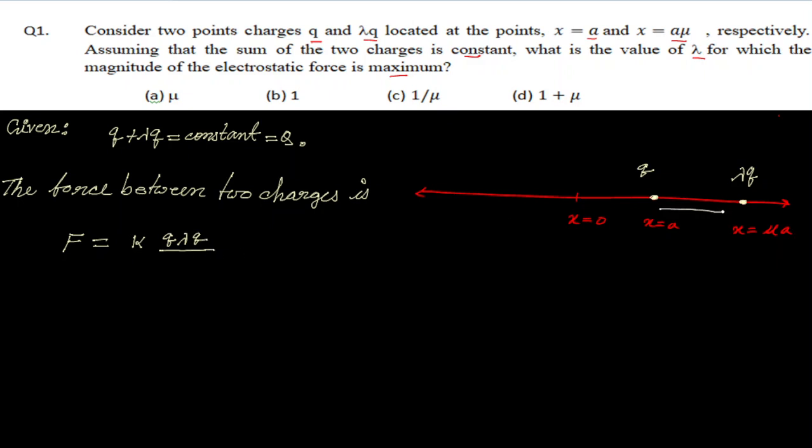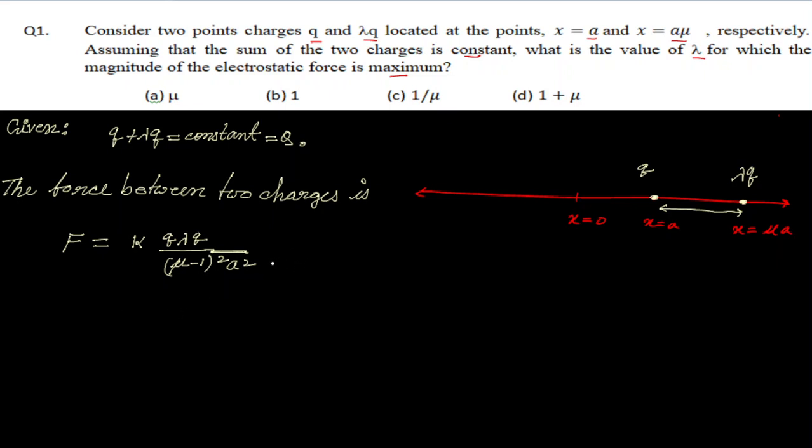The distance will be mu times a minus a, so we can write (mu minus 1) whole square into a square. This will be the force between these two charges.